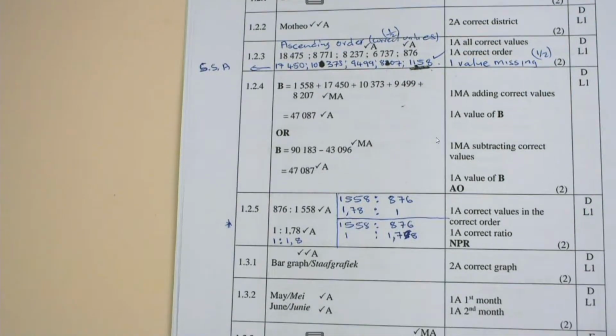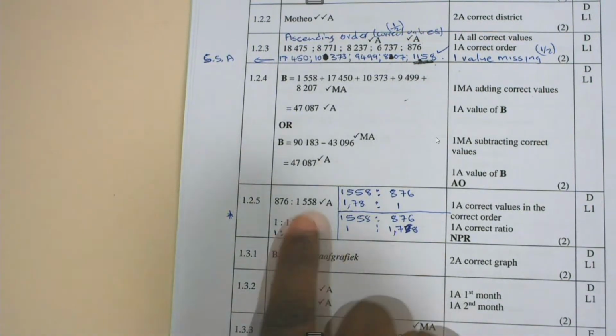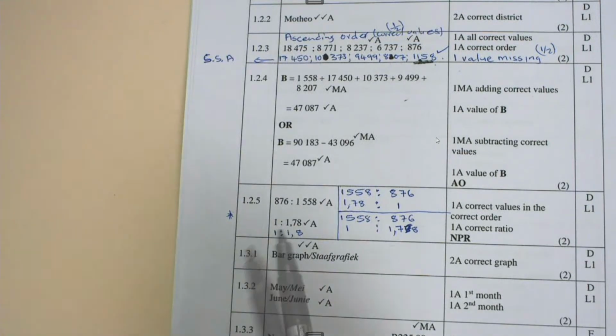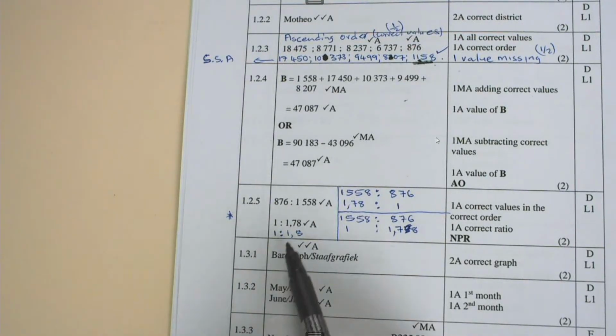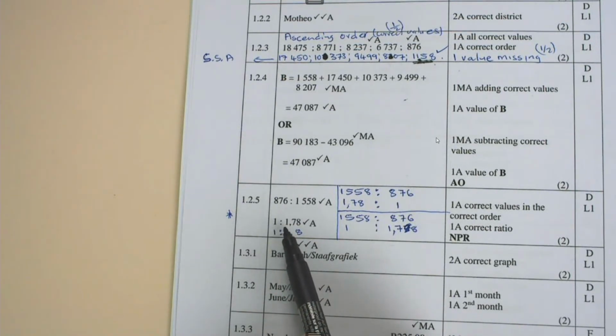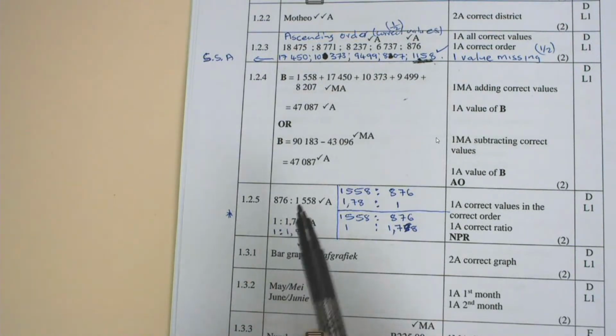Now let's look at the answer to that. The answer will be 876 is to 1,558. And then when you simplify that, you get 1:1,78.